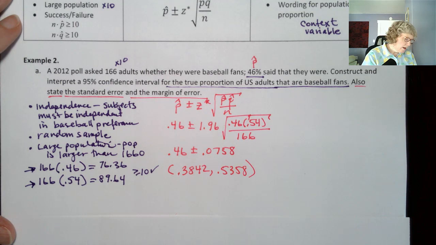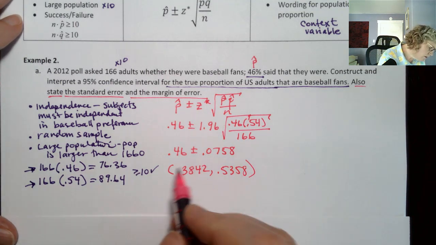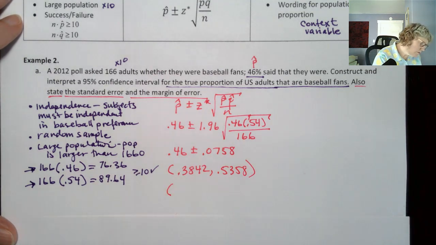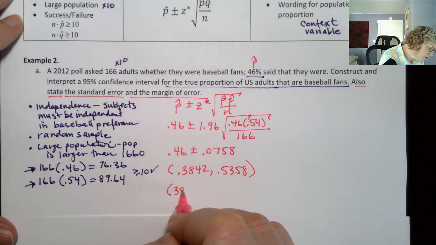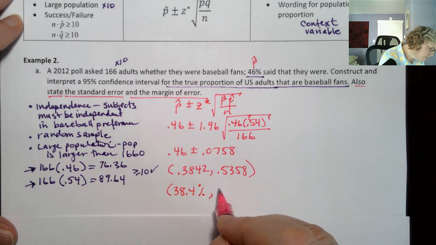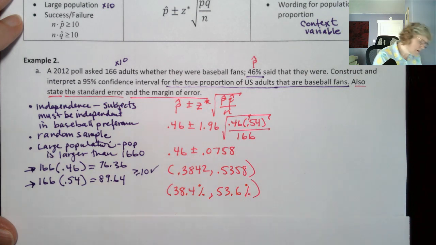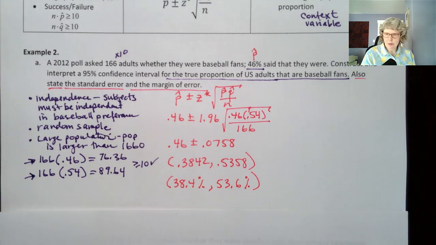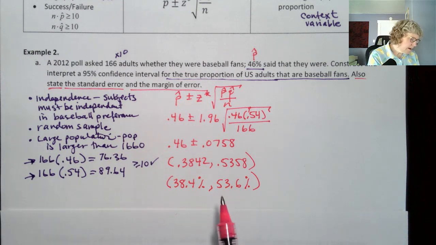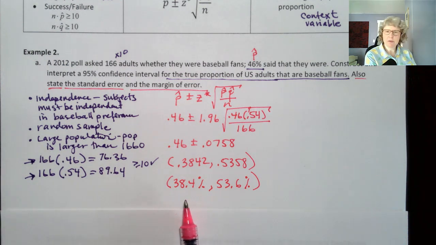Okay. And if you prefer, you can write it out in percentage. We might want to do percentage for our interpretation. So I'm going to round this a little bit too. I'm going to do 38.4% to 53.6%. Okay, what we're doing is all approximate anyways, and I think it's also easier for people to conceptualize when there's fewer decimal places.